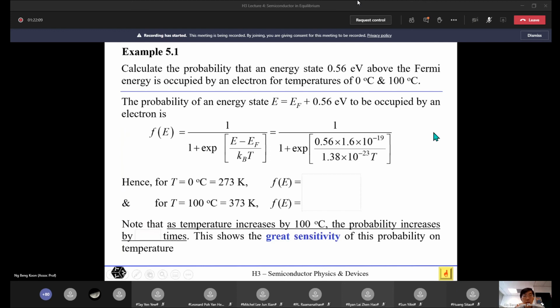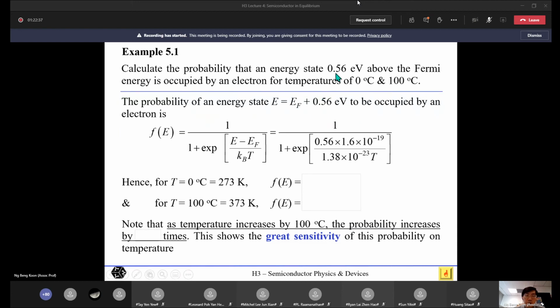Okay. Now let's look at an example to see what sort of values you're going to get for calculating the probability from the Fermi-Dirac distribution function. So in this case, we have an energy state that is 0.56 eV above the Fermi level. And we're asked to determine what's the chance that this state is occupied by an electron for two temperature values, 0 degrees Celsius and 100 degrees Celsius, right?